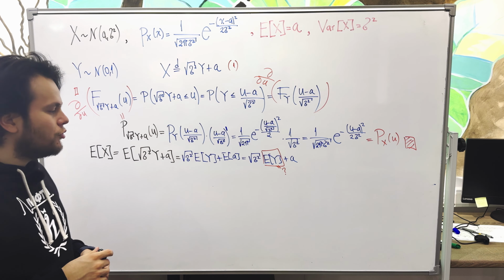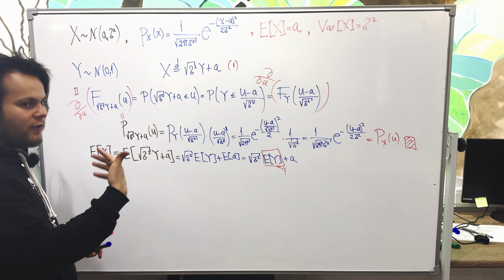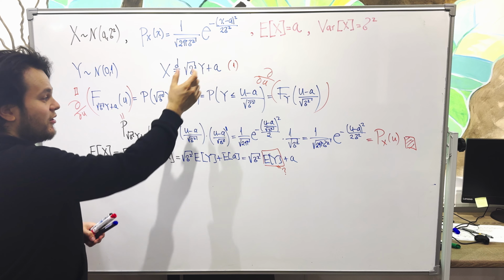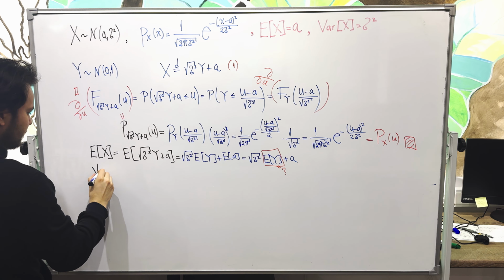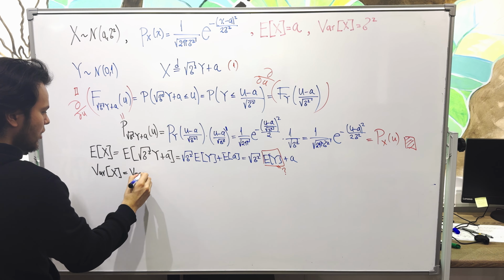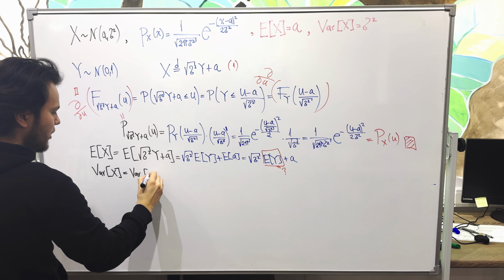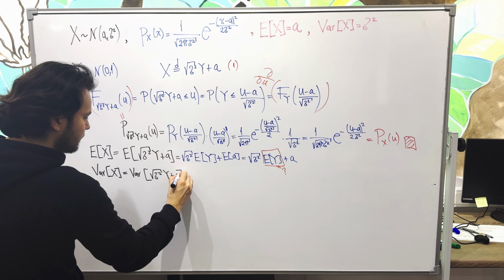Before that, I want to do exactly the same, but for the variance. So how can I compute the variance of x using this random variable? Look, the variance of x is equal to the variance of this random variable, so the square root of sigma squared times y plus a.